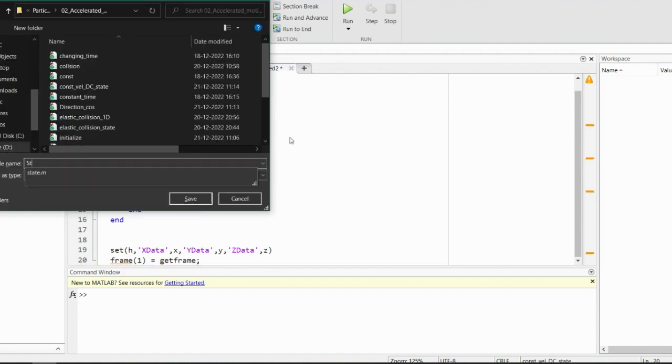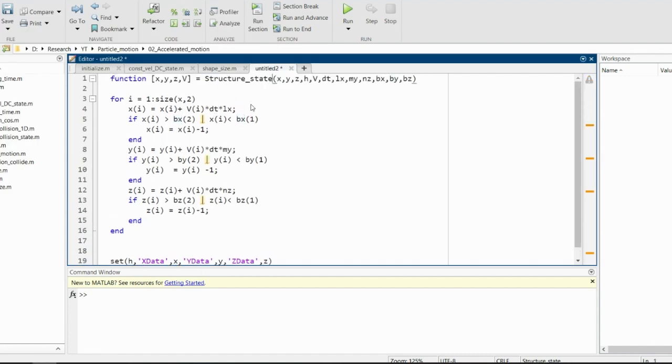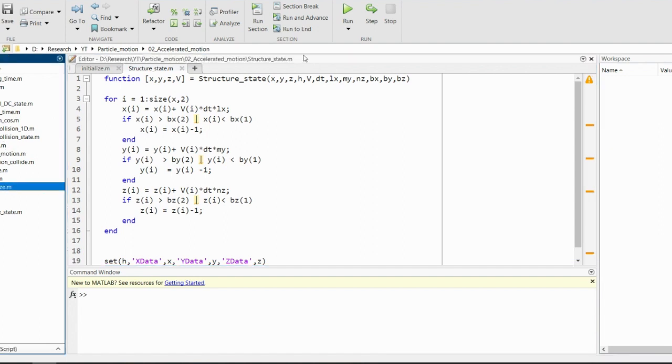Name it structure state. No, wait a second, that is wrong. I'll name it here: structure shape. Save it as that. Okay, shape and size.